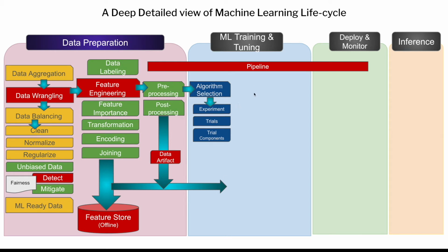So now we are in the machine learning training and tuning stage. At this point, we have newer concepts such as the ML pipeline, the machine learning pipeline, which most of these organizations talk about. And the very first step in machine learning is the selection of algorithms.